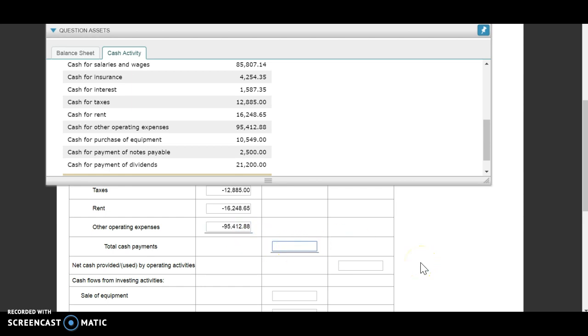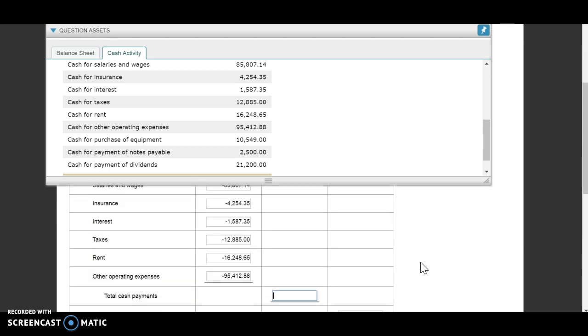So just like we did above, we're going to add all of our cash payments together.